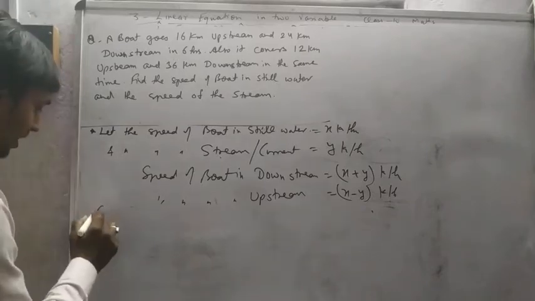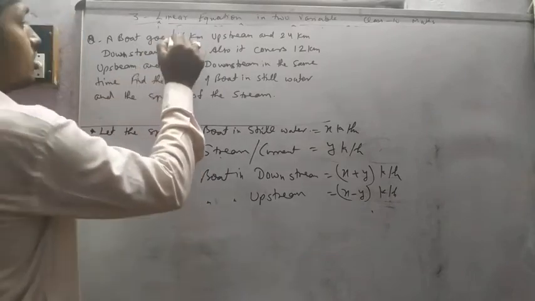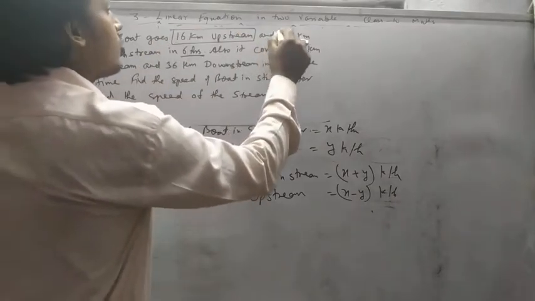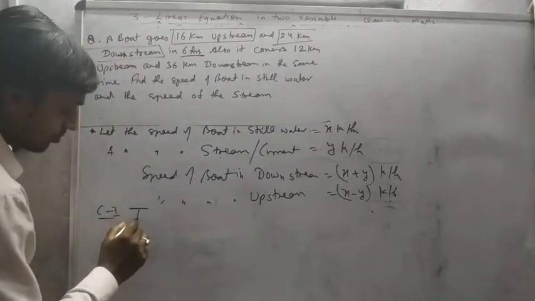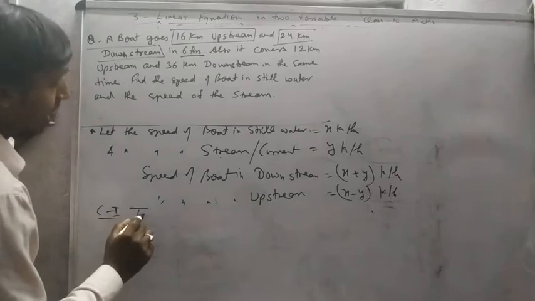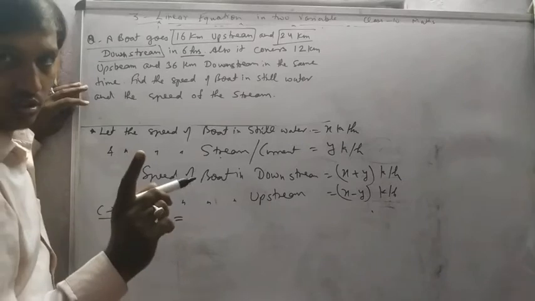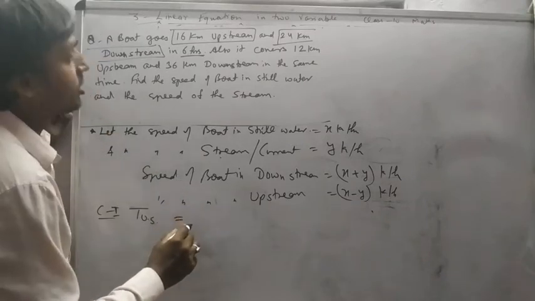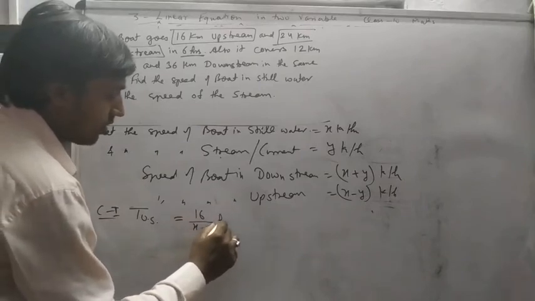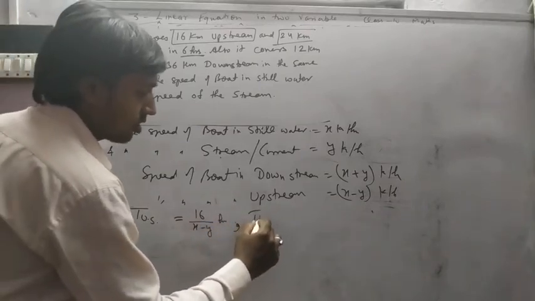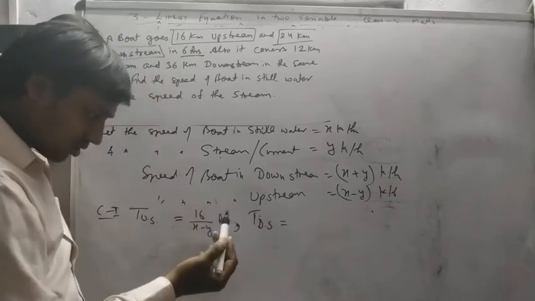So if we solve for case first, total time 6 hours in 16 km upstream and 24 km downstream. Time in upstream, time is equal to distance upon speed. Distance is 16, speed x minus y hours. Time in downstream, correct, distance upon speed.